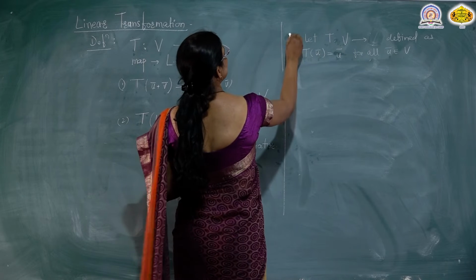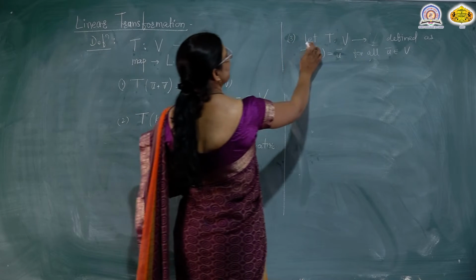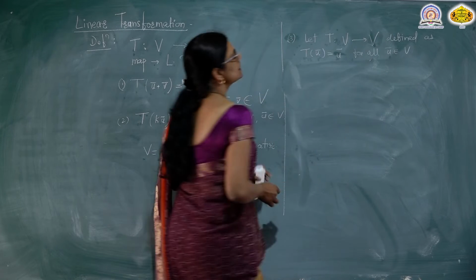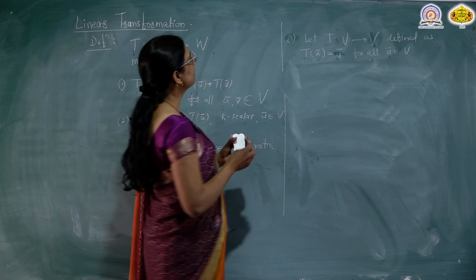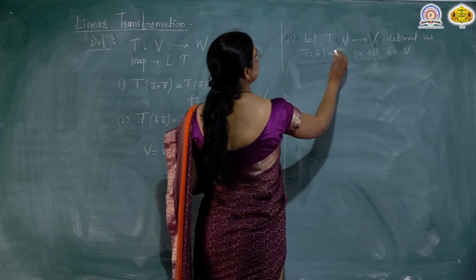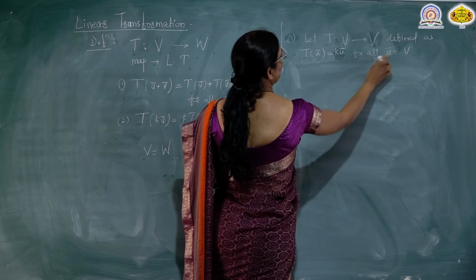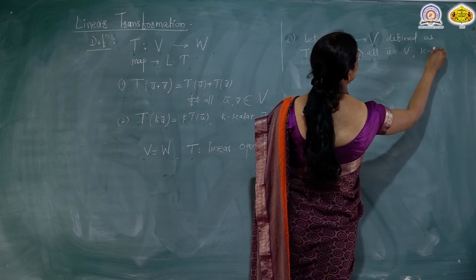So for example three, we consider a mapping T from V to V itself, defined as T of u bar equals k times u bar for all u belongs to V, and k is a scalar here.